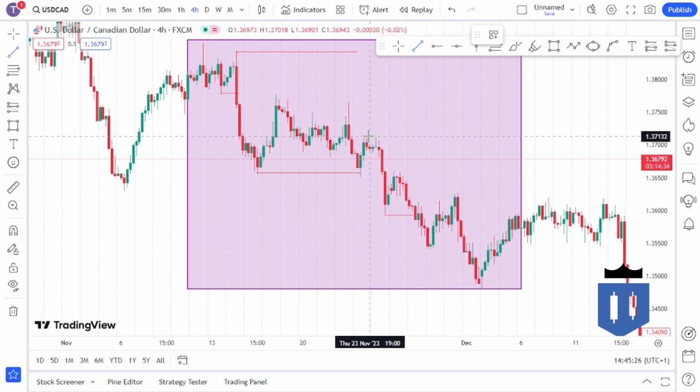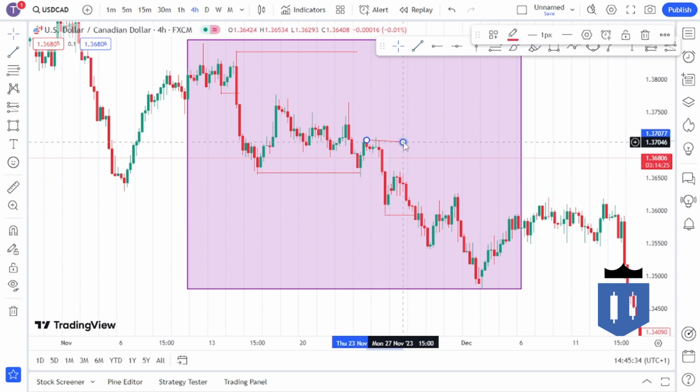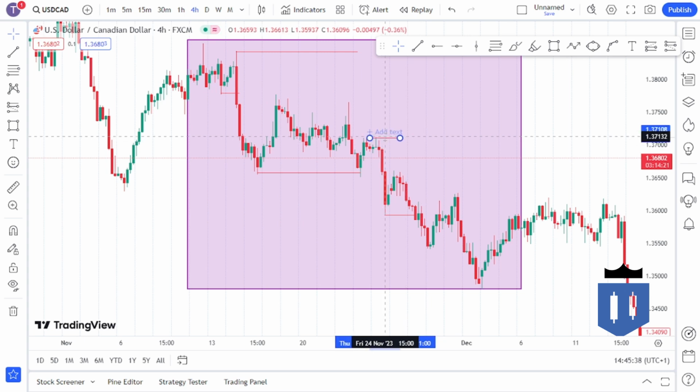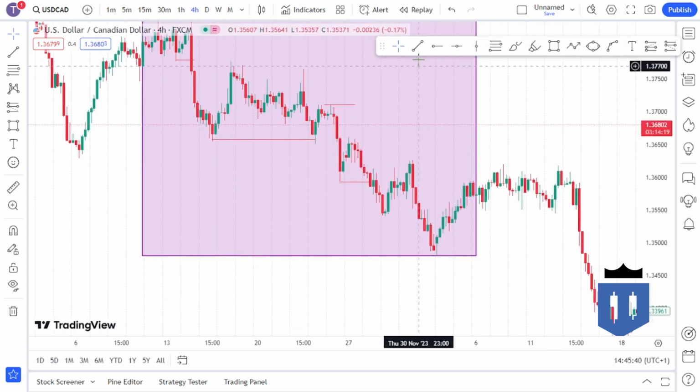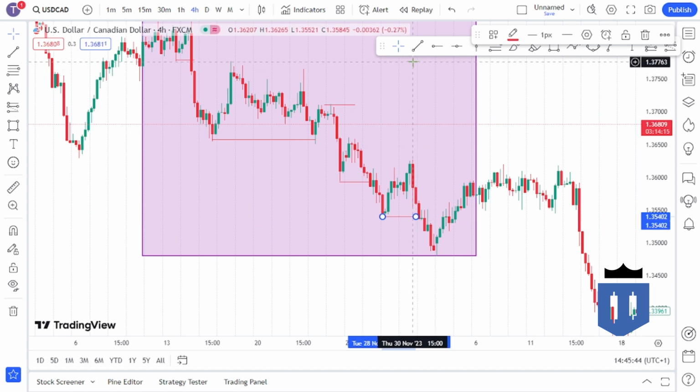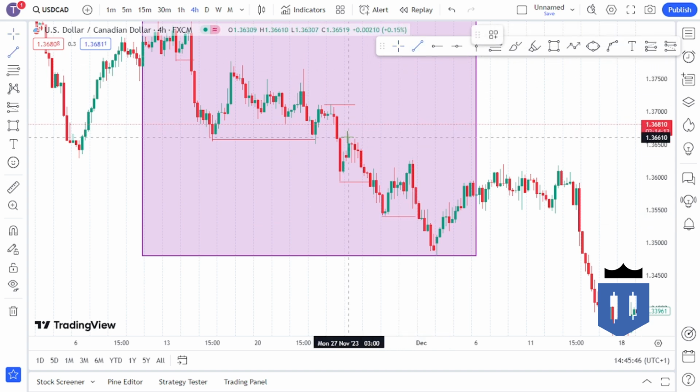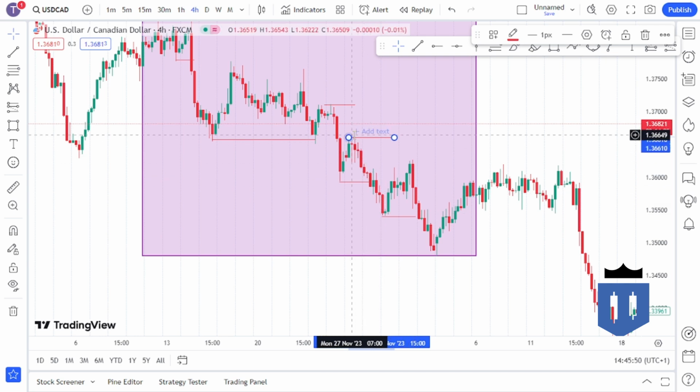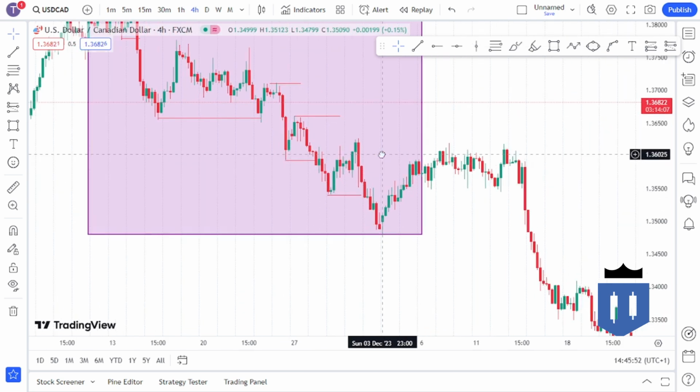This is a high. You see that? This low is coming from this high, so you mark it right there. And then we have this low, and then we have this high. See, this low is leading to this high, which is leading to this low.